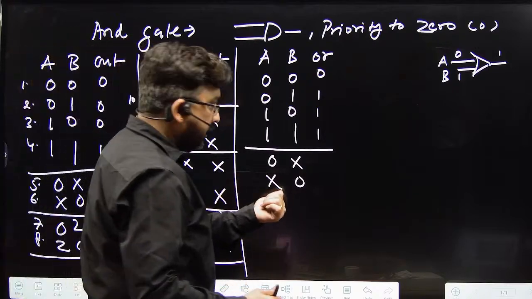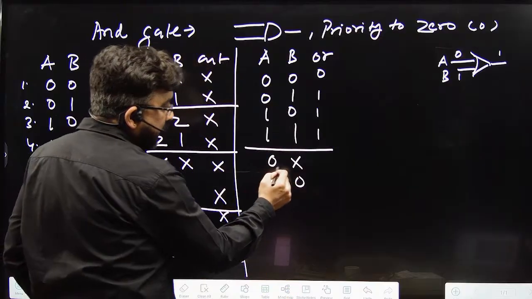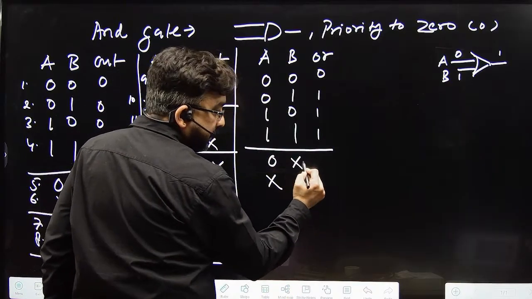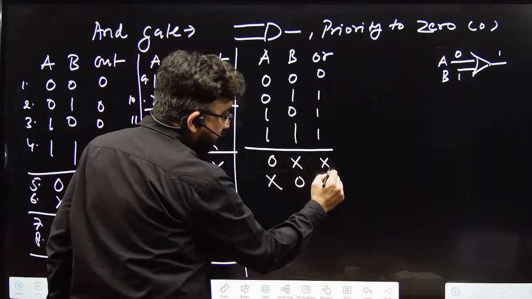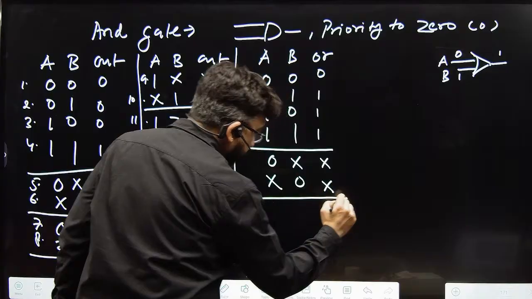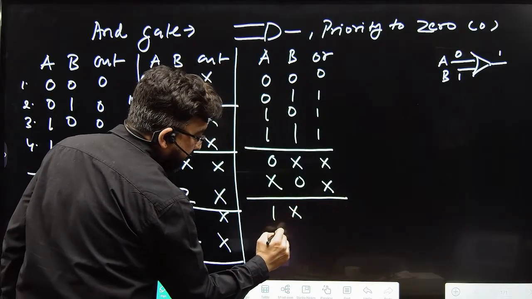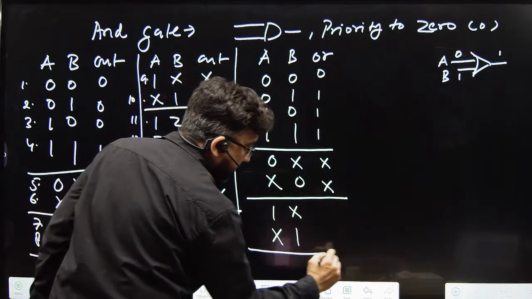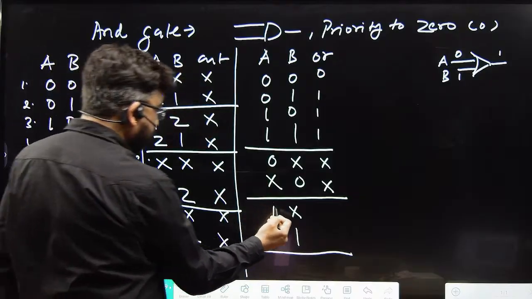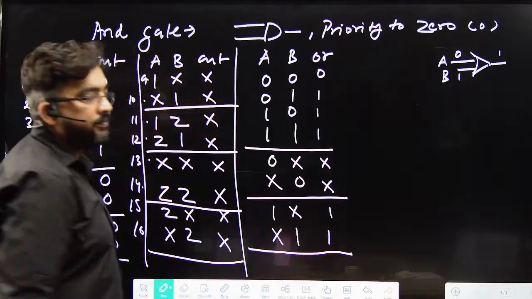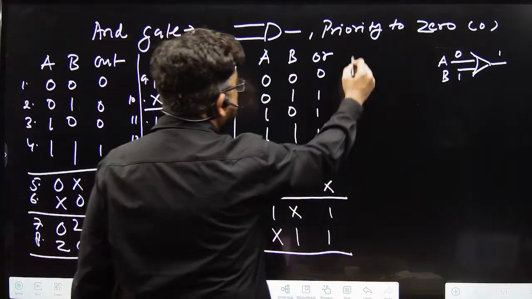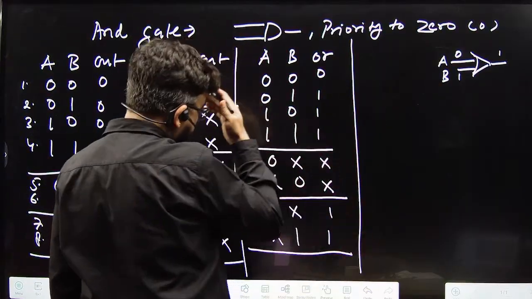In that case, if it is an OR gate, the priority has been given to X, because it is not a 1 here, it is 0 here. So output is X. Now 1X and X1. What is the output in that case? The priority has been given to 1, so this is 1. Let's take the other.